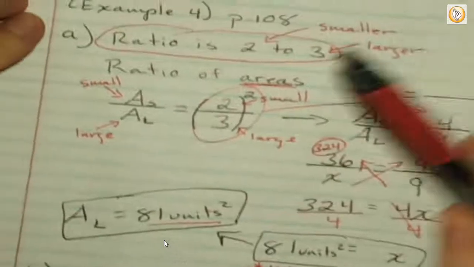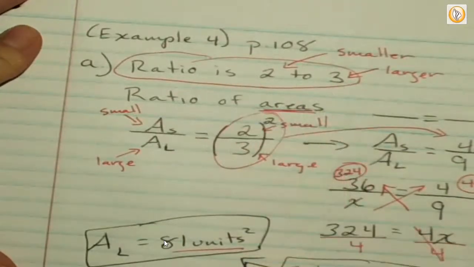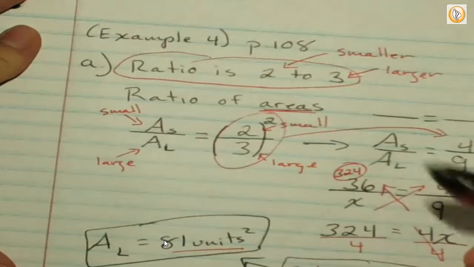They gave you the ratio at the beginning, the ratio between the two figures. The very first sentence. That's all you need. Because that's what we're looking for.